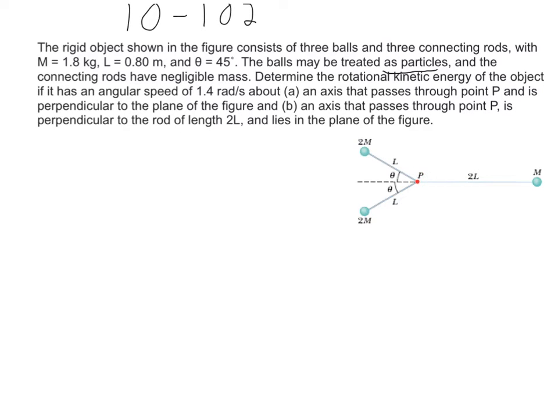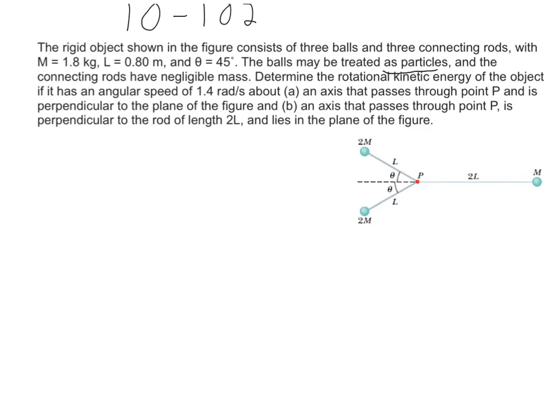The second axis, asked about in part B, is an axis like this that's perpendicular to the 2 meter or 2L length rod that runs in the plane of the image. So those are our two axes.